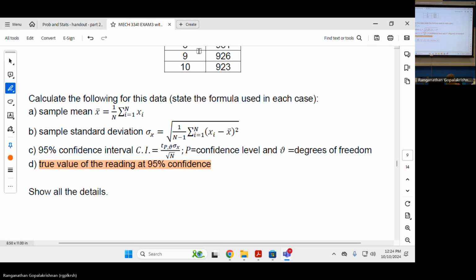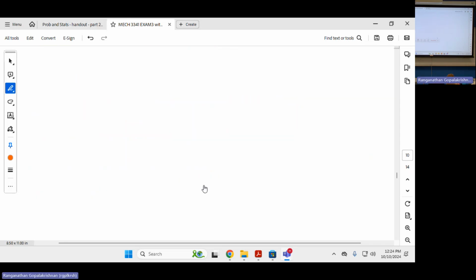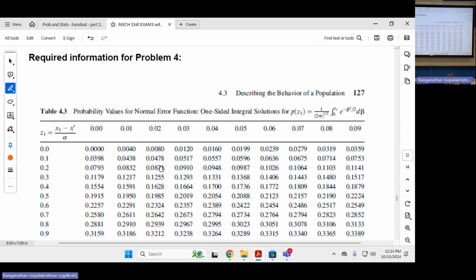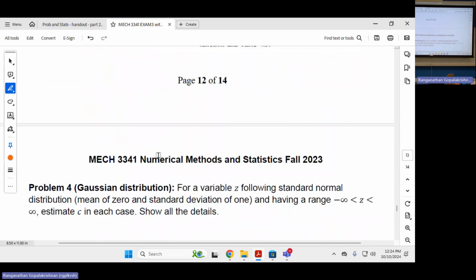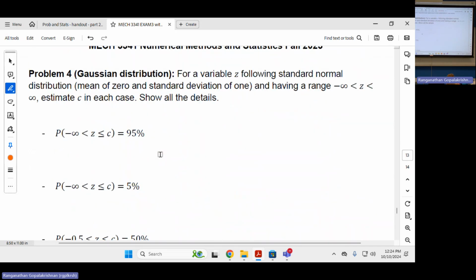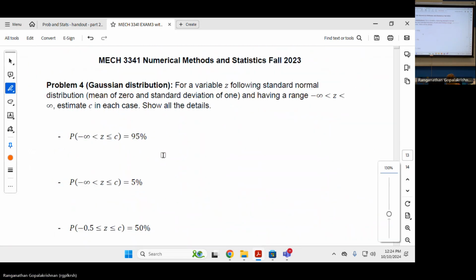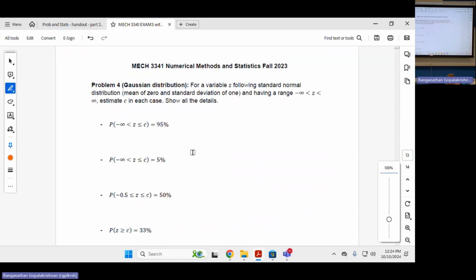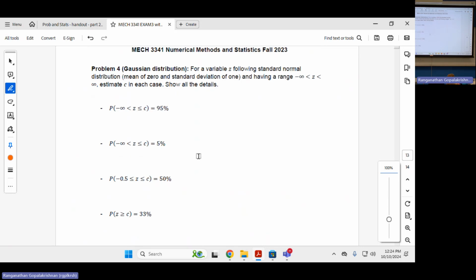Okay. All right. What I want you to do is look through these exams and see if there is anything that you could use to practice. Okay, here is a problem. Gaussian distribution for a variable z following standard normal distribution.